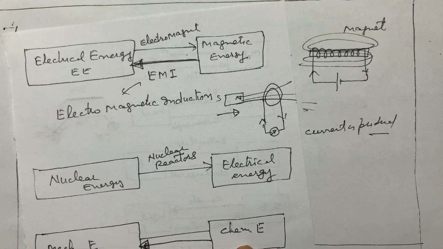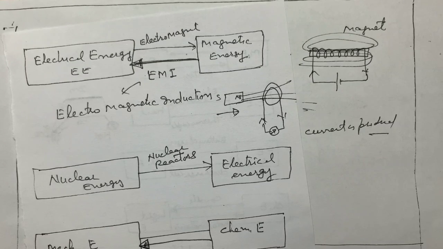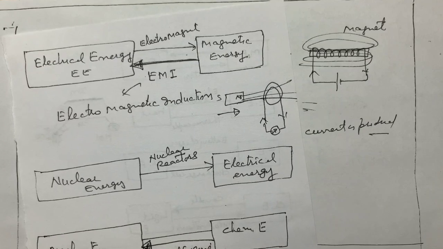Chemical energy is converted into mechanical energy with the help of an engine, say diesel engine, petrol engine, etc. These convert chemical energy into mechanical energy.